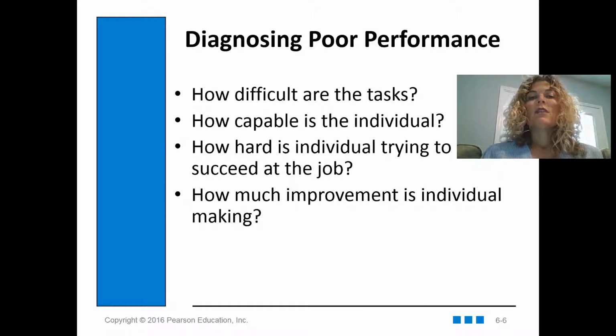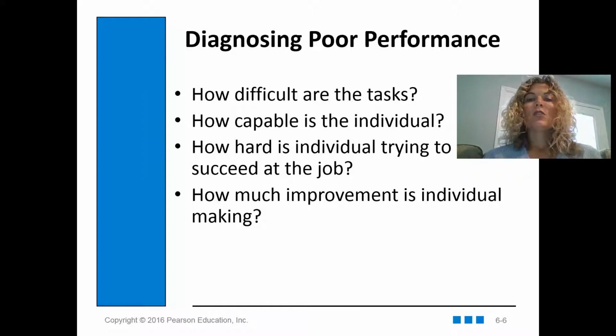An important part before we even jump into these solutions, right? If we're having a performance issue, we need to figure out what the problem is, right? We recognize that their performance is a problem. They're not meeting the goals that we've identified, they're missing deadlines, whatever it might be, but we need to say why, right? Is it because they're lacking the ability, or is it they're lacking the motivation?